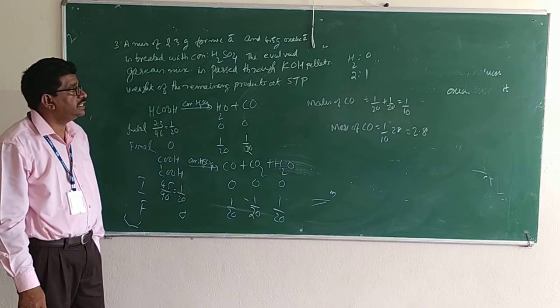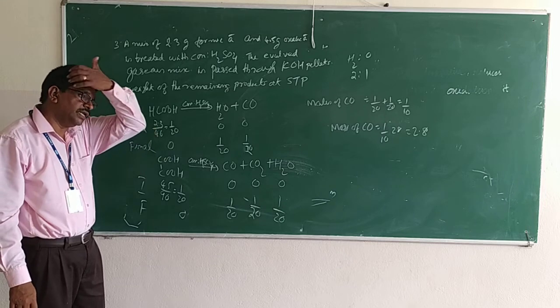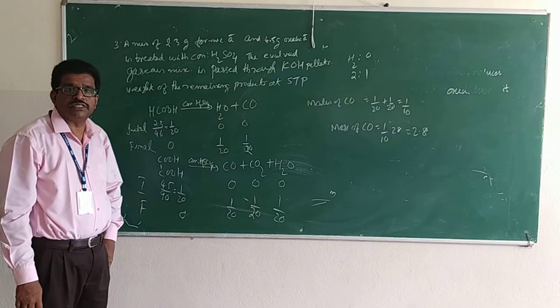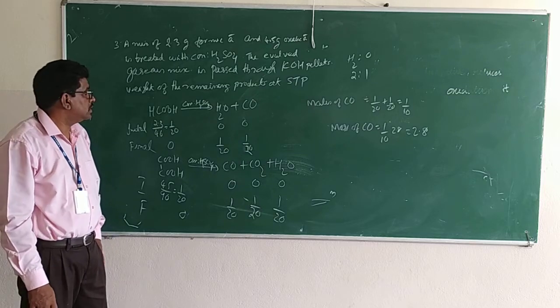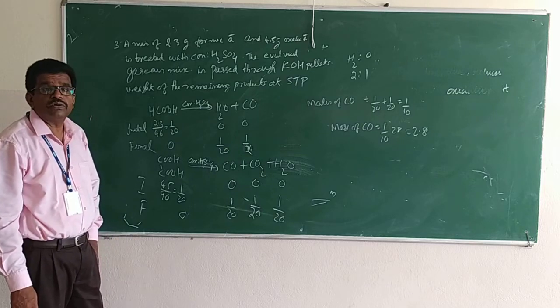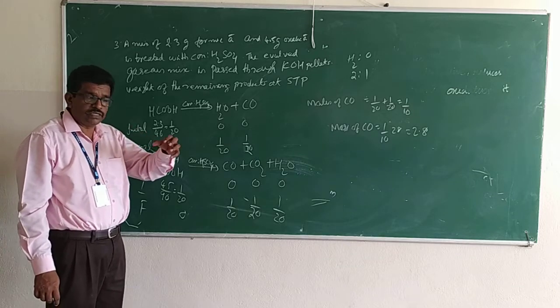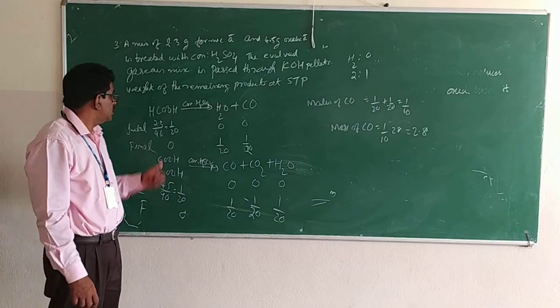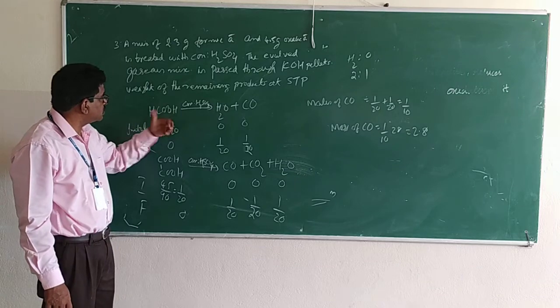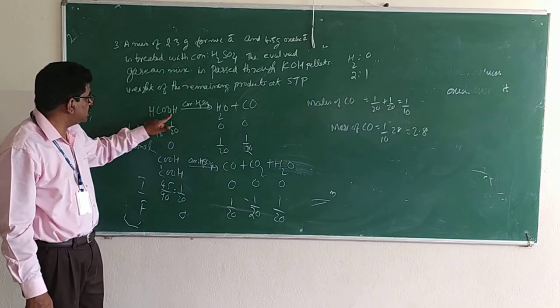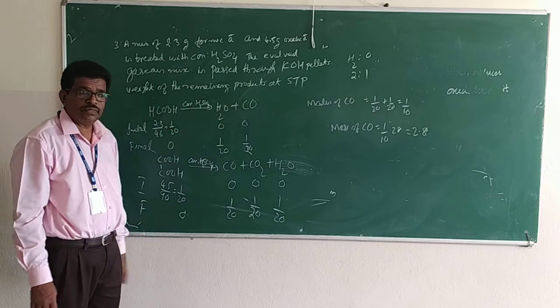You will study in P block elements the action of concentrated sulfuric acid with sugar. So you can remove the water molecules from it. So here 2 hydrogen and 1 oxygen will be removed as water. If 2 hydrogen and 1 oxygen go, the remaining will be CO.